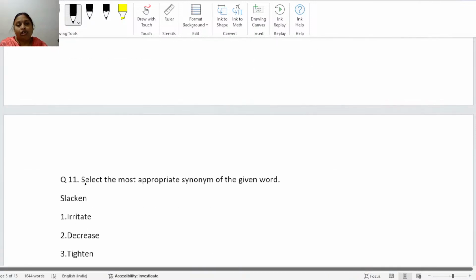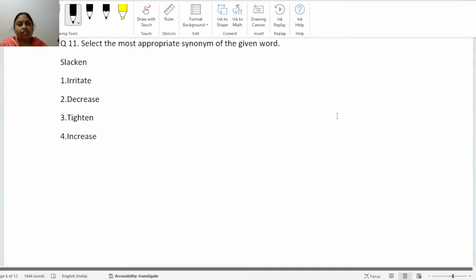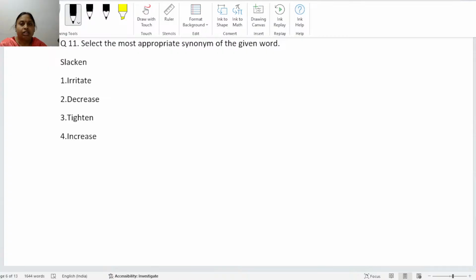So now let us go for the 11th question. Select the most appropriate synonym. What is the meaning of synonym? Here, synonym is nothing but relevant meaning, so same meaning. Whatever gives the same meaning, that's supposed to be taken. So here now, slacken. What is the meaning of slacken? Makes her become less active. Slacken meaning is becomes less active.